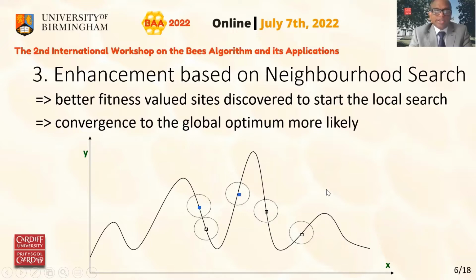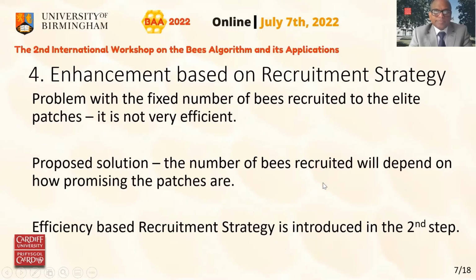So that will give you better fitness valued sites discovered to start the global search. So you kickstart the search with pre-selected promising areas, and the convergence to the global optimum then is more likely.